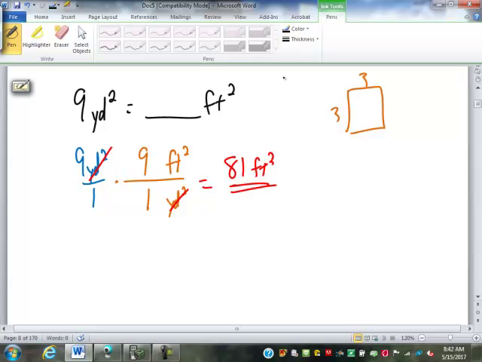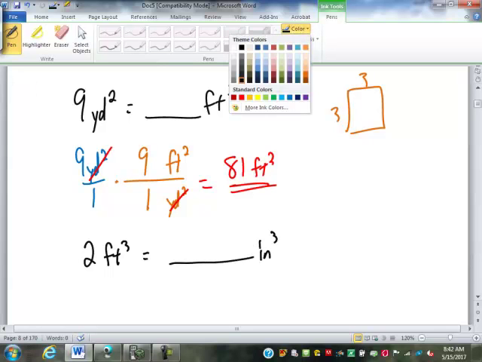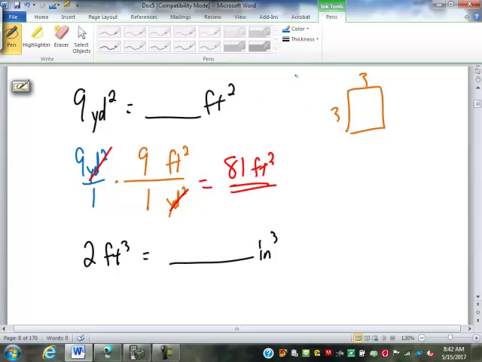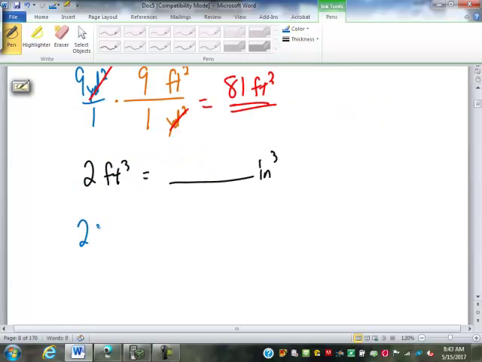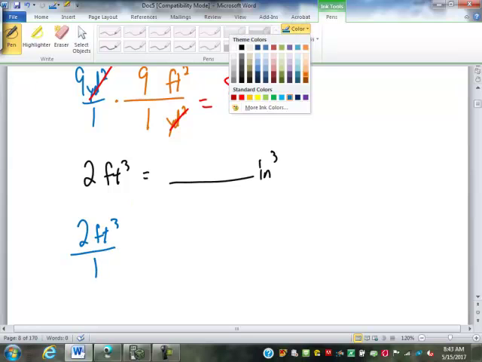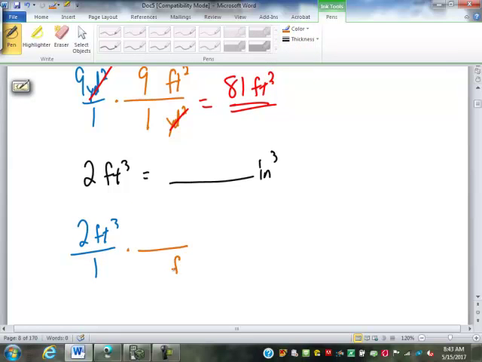Or we might have 2 cubic feet equals how many cubic inches? So 2 cubic feet, 2 feet cubed, we put it over 1. Put cubic feet on bottom, so they'll cancel out. Cubic inches on top. 1 cubic foot is how many cubic inches? Well, squared would be 12 by 12.